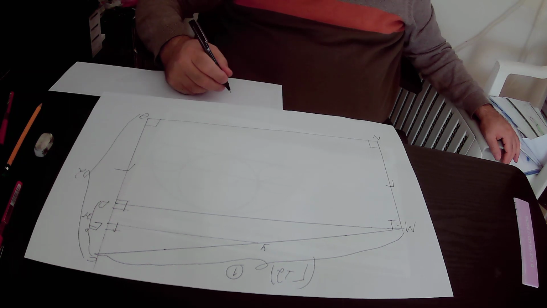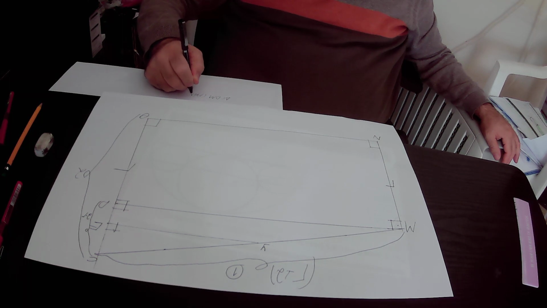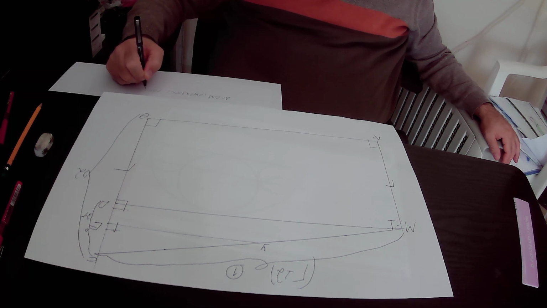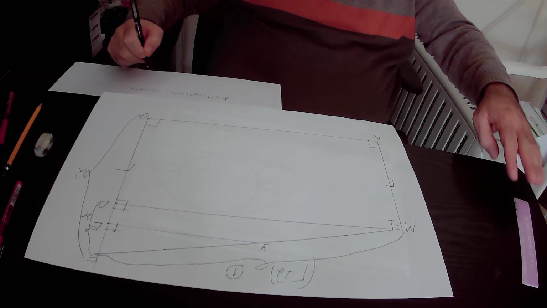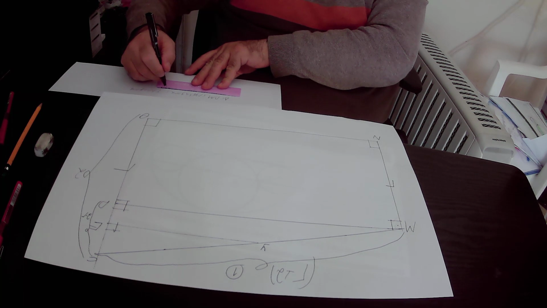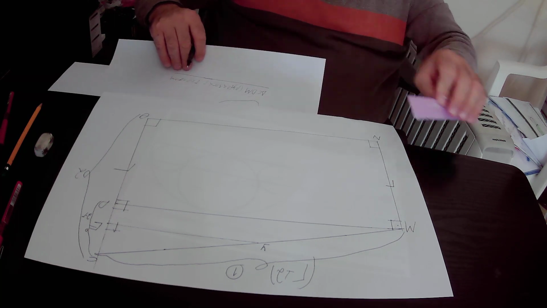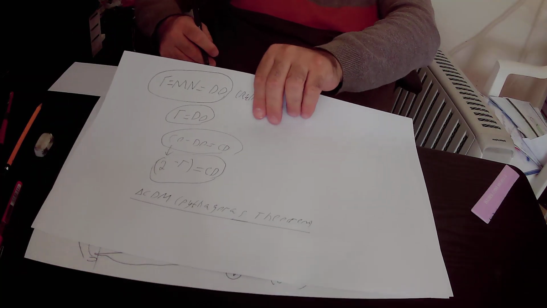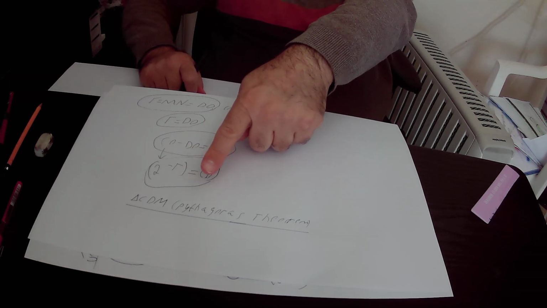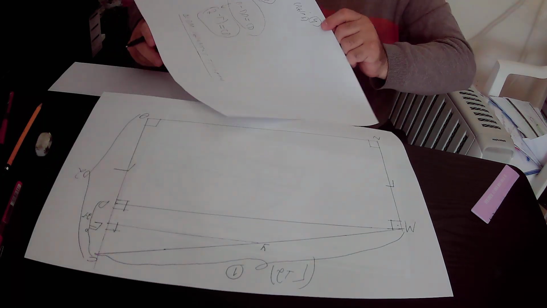On the right triangle CDM, according to the Pythagoras theorem, in any right triangle, and especially in the right triangle CDM, the square of the hypotenuse equals the sum of the squares of the perpendiculars.